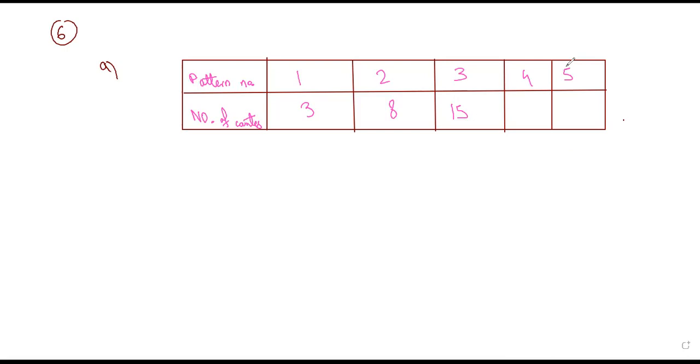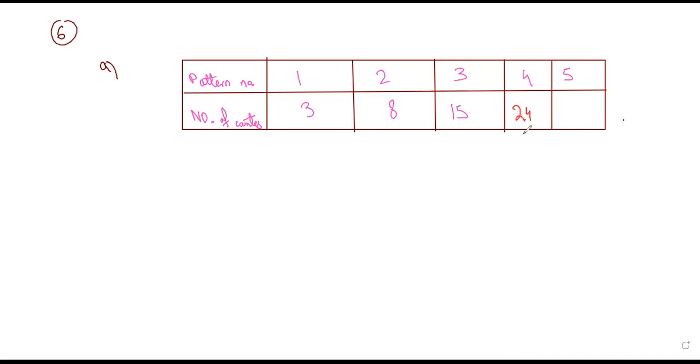Now for pattern 4, we can see that we have 4 columns and 6 rows. We will basically multiply the number of rows into the number of columns, 6 into 4, and this will give us 24. Okay.